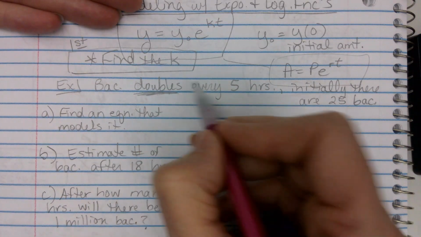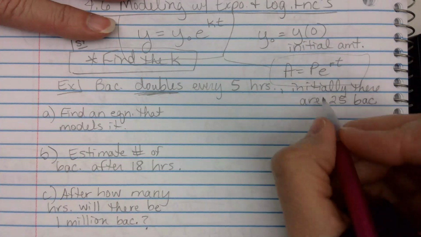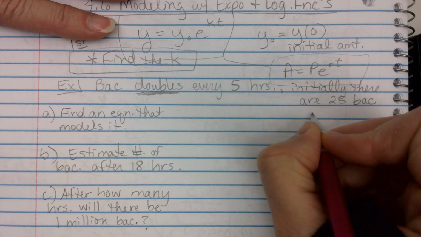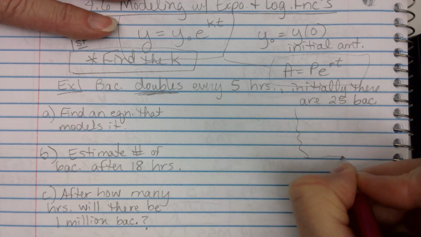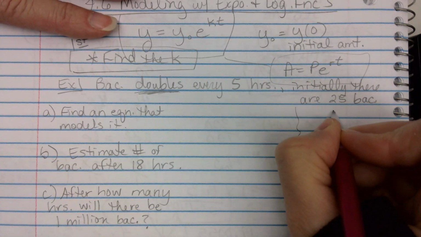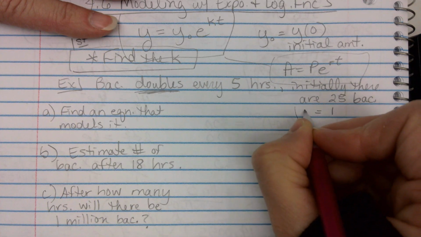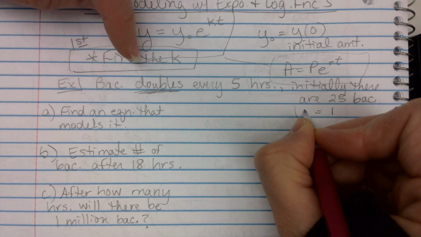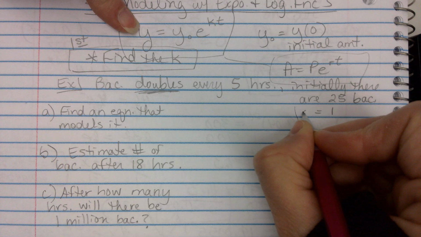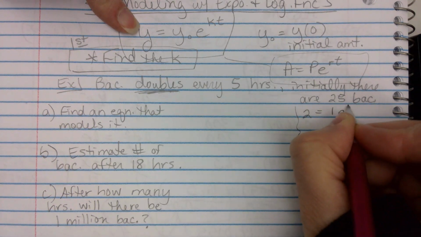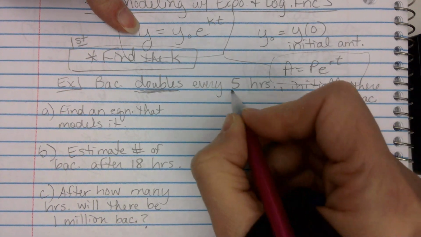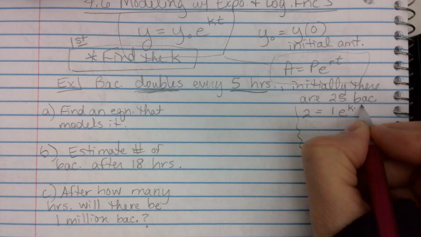This is my finding the k corner. If it starts out with 1 bacteria and it doubles, how much does it end up with? 2. After how many hours? 5.